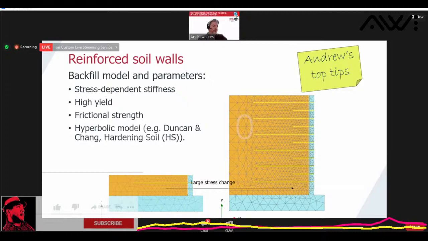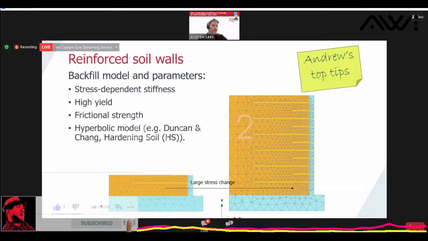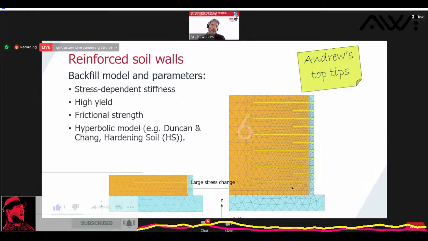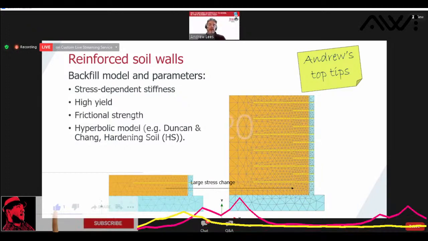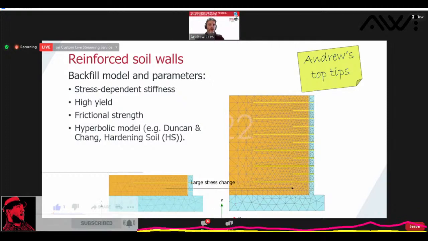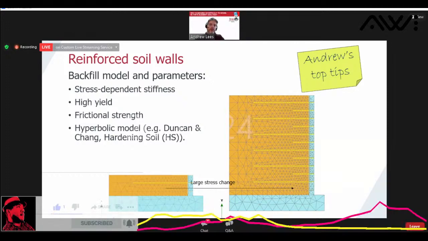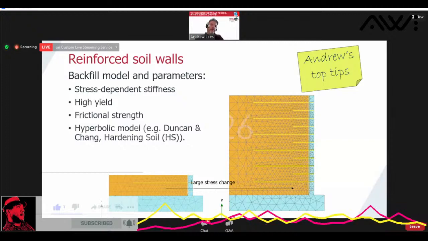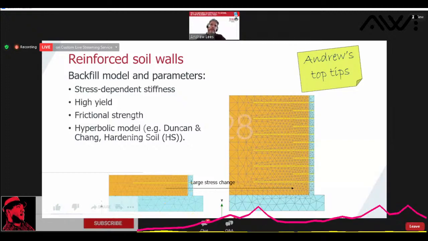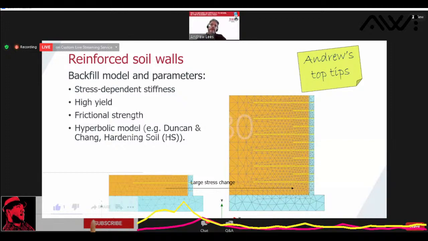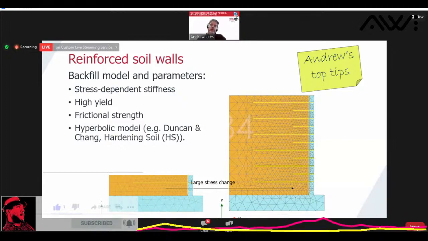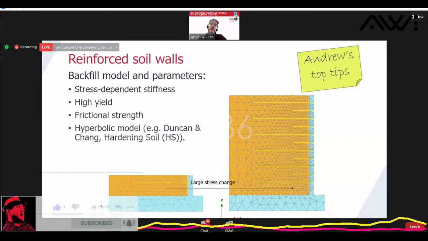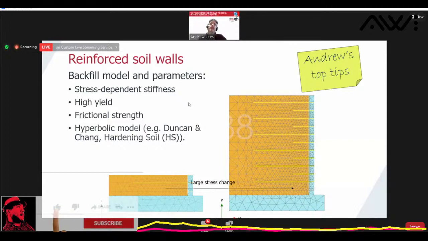I've sometimes tried to simulate reinforced soil slopes that limit equilibrium methods show are stable, and I can't even get the FEA model to stay up to support the thing. It's quite challenging to model these structures. So here are some general tips from my own experience of modeling these types of structures before we get into the mechanical stabilization part.